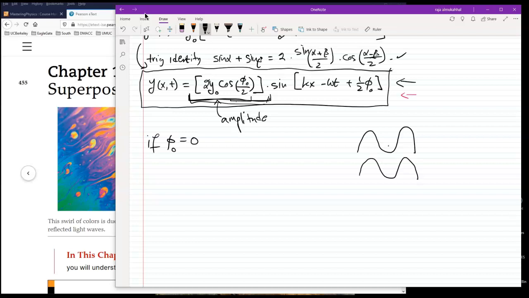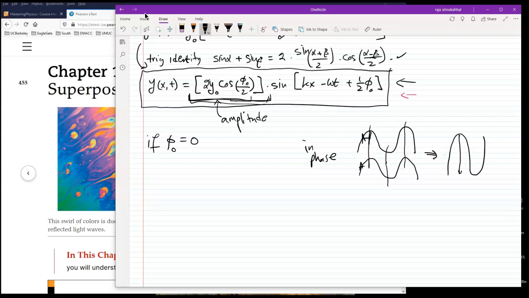Peak meets peak, and trough meets trough. What would be the resultant wave? You probably studied in your previous physics classes that when two waves are in phase, which means the phase constant between them is 0, and the amplitude of this wave is A and this one is A, the resultant wave is going to be one big wave like that with amplitude of 2A.